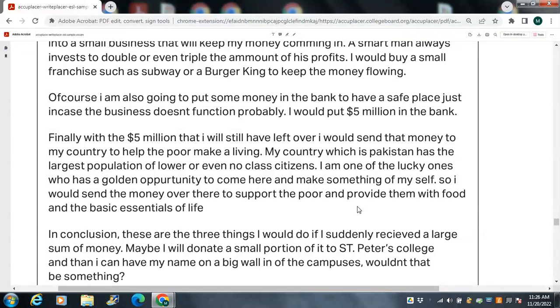That said, right writers, again, very targeted, very focused. We know they're talking about Pakistan. We know how that $5 million is going to be spent there, and we know how it's going to be spent, which is, again, very important when it comes to the organization and the development of the essay.